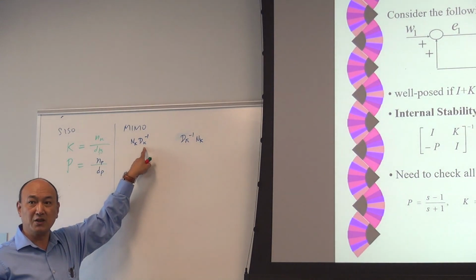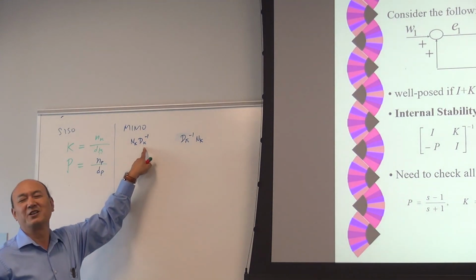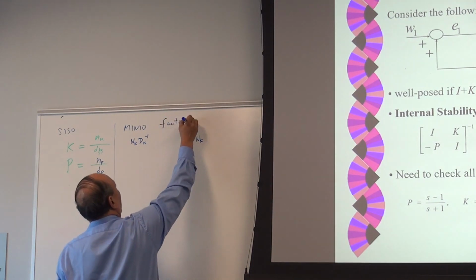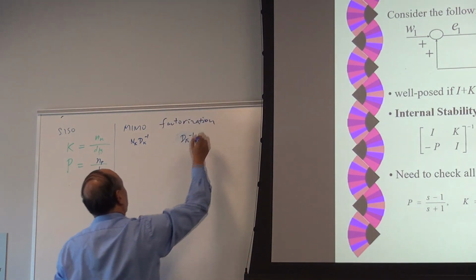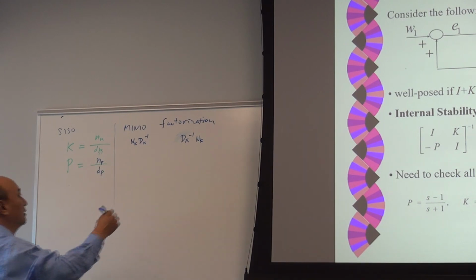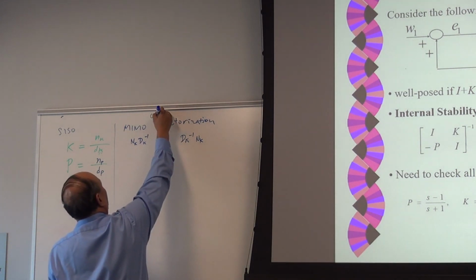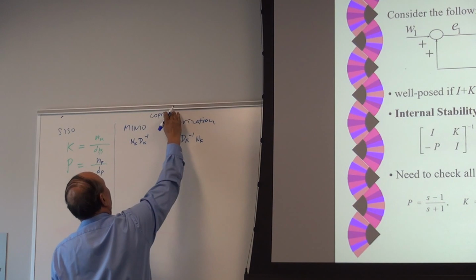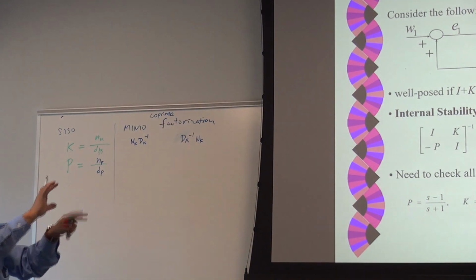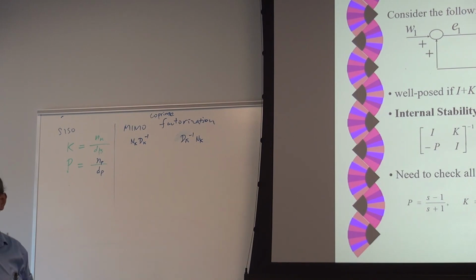That's why we need to talk about factorization, coprime factorization. Of course we need coprime, because otherwise it's meaningless, as you have a lot of things you can just cancel out.